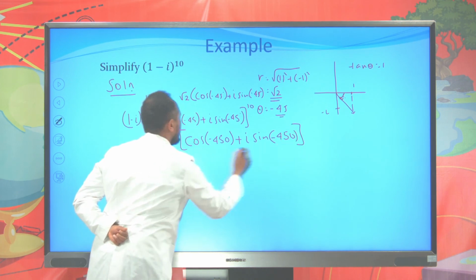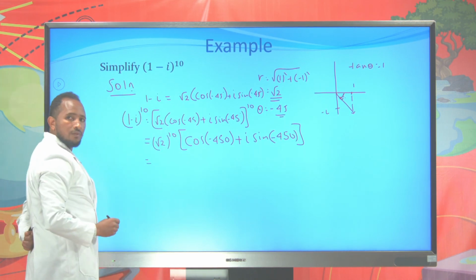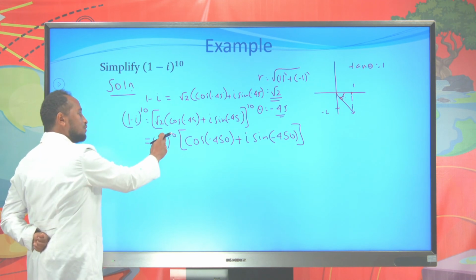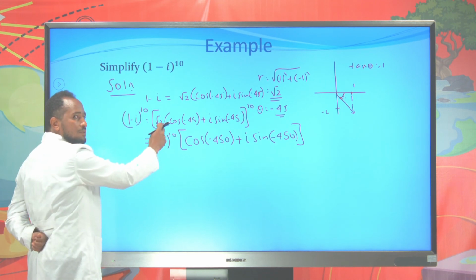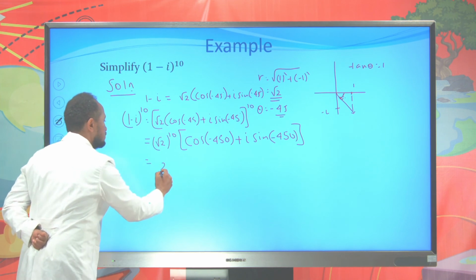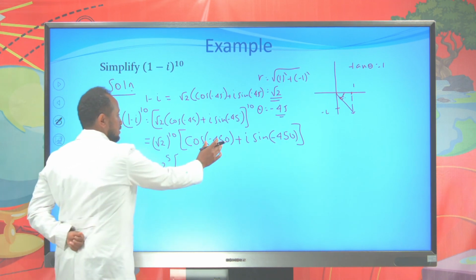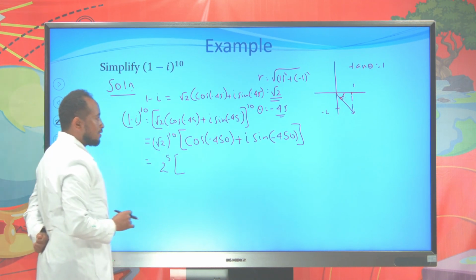Root 2 to the power of 10 means 2 to the power of 1 over 2 times 10, which is 2 to the power of 5. Now negative 450 is a quadrantal angle.